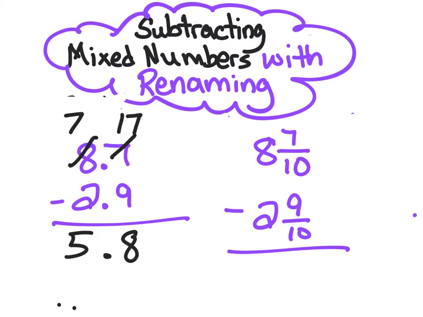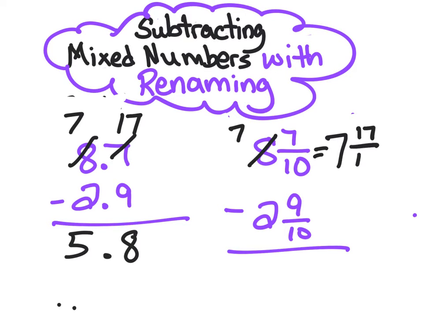In the one that is a mixed number, of course the denominators are already the same. That's important to realize. I cannot say 7/10 minus 9/10. So again, I go over and borrow or regroup. That makes this a 7. So that becomes 7 ones. Now I took away one whole. In this case, that is the same as 10/10, but I already have 7. So that becomes 7 17/10.